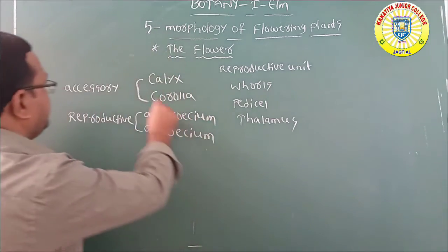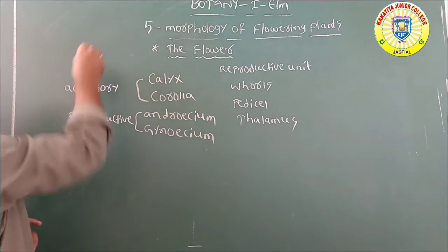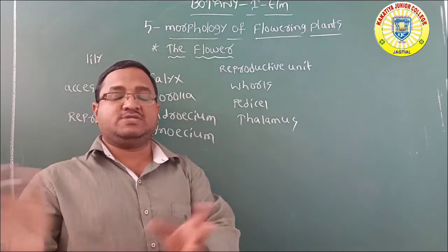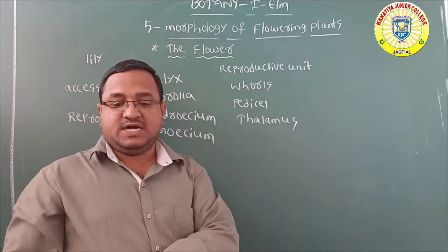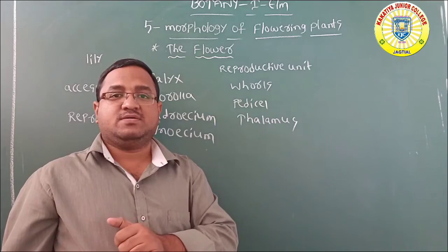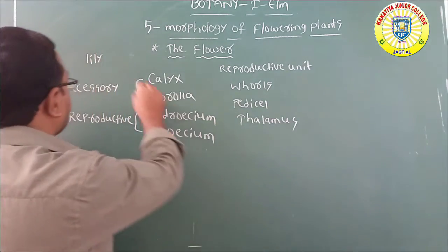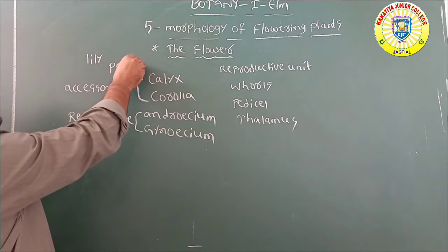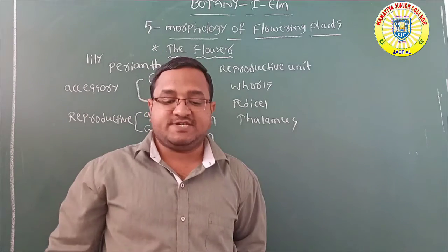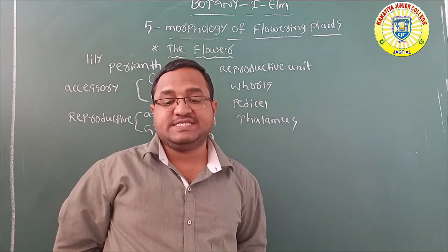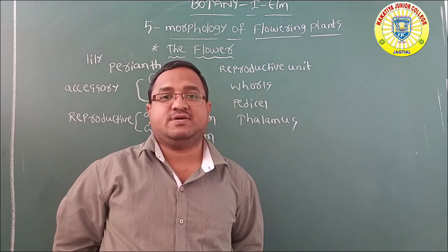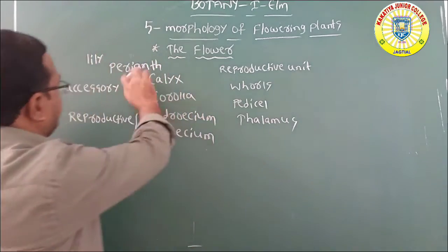In the lily flower there is no differentiation between calyx and corolla. Both appear the same, so there is no difference between them, and they are termed as perianth.